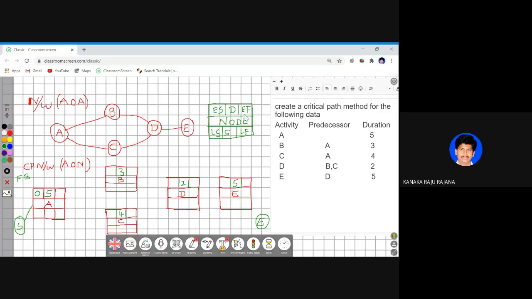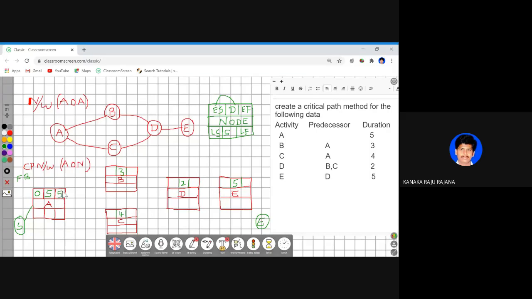Now under forward pass, we are going to use only these parameters. How to get this early finish value? Early finish value is nothing but a combination of these two. When I add these two, I get this. Therefore, 0 plus 5 is 5.